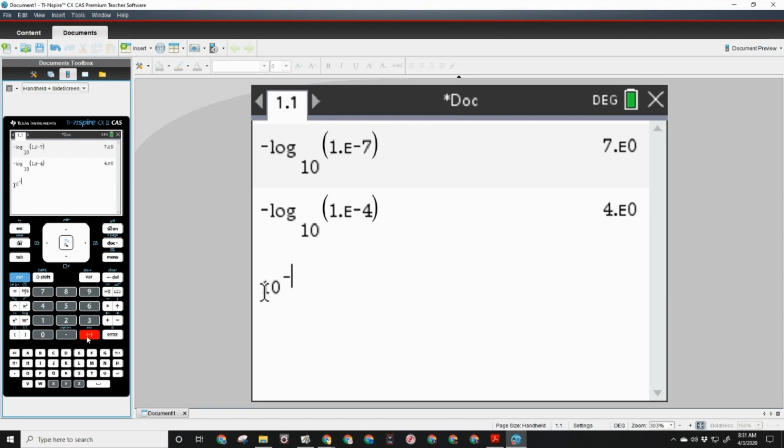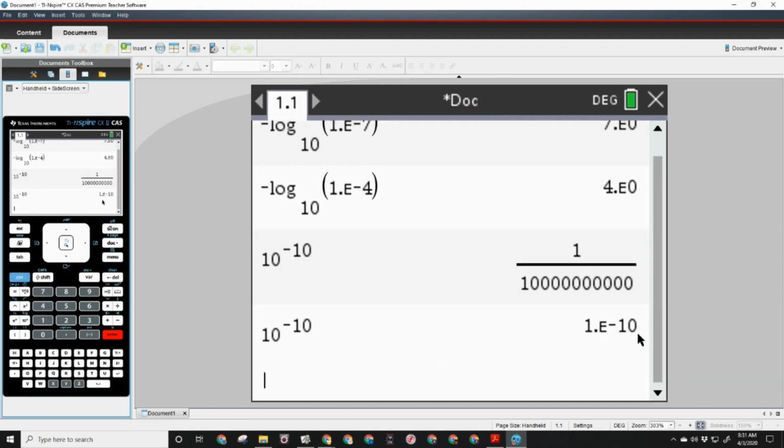And if we put in a negative 10 here and hit enter, oops, it gives us a fraction. So we can hit control, enter, and it's going to change it over to a decimal. So this is 1 times 10 to the negative 10.